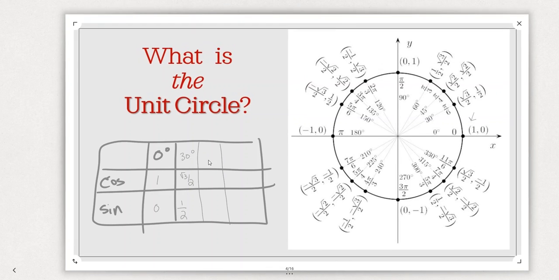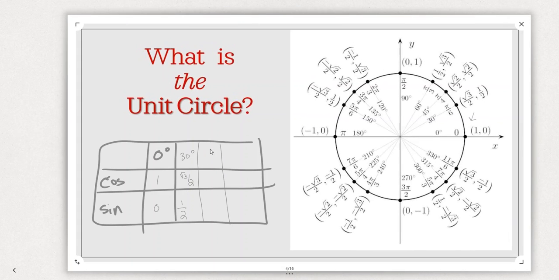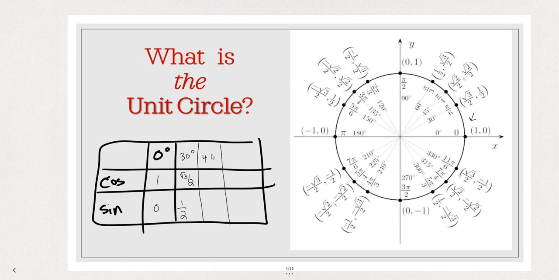For 45 degrees, which is equivalent, by the way, to pi over 4, the cosine of 45 degrees is equivalent to the sine of 45 degrees. So you see, if I didn't have this device, this unit circle, I would actually have to memorize all of these values.